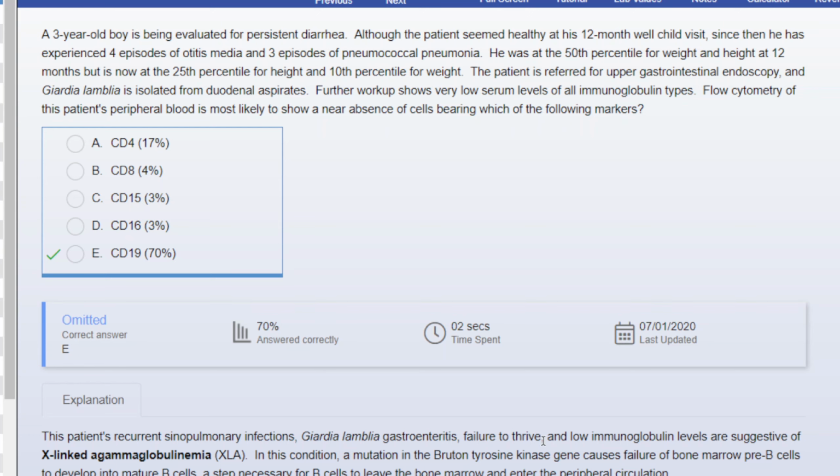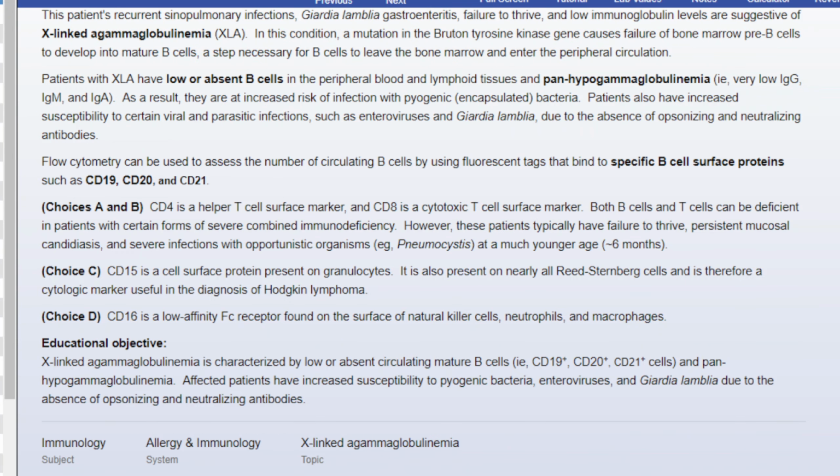Yes, CD19. These patients have recurrent pulmonary infections, Giardia lamblia gastroenteritis, failure to thrive or failure to develop, and low immunoglobulin levels, which are suggestive of X-linked agammaglobulinemia.